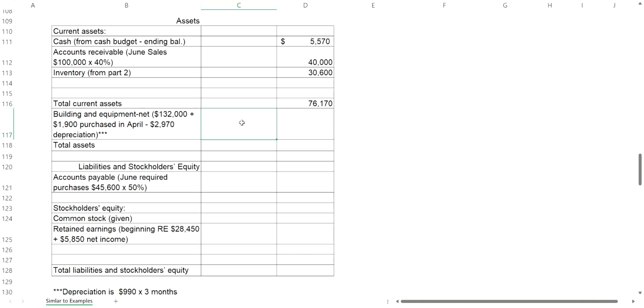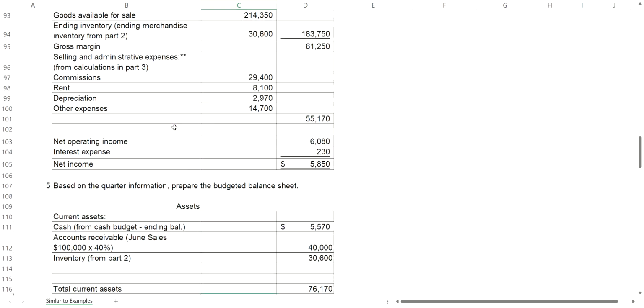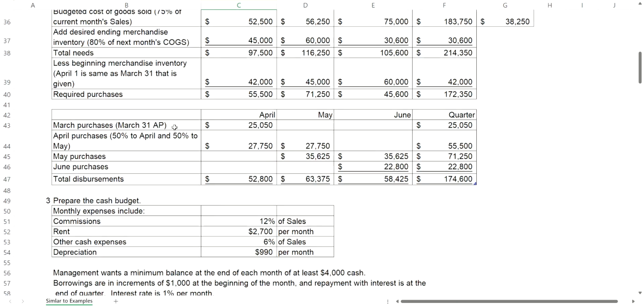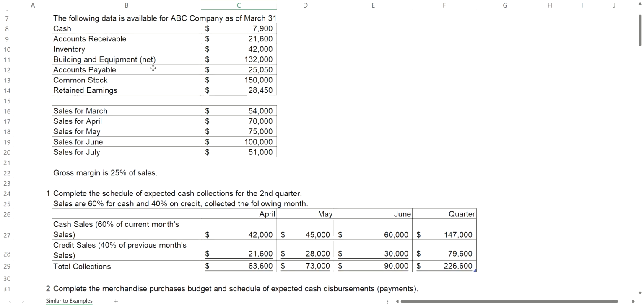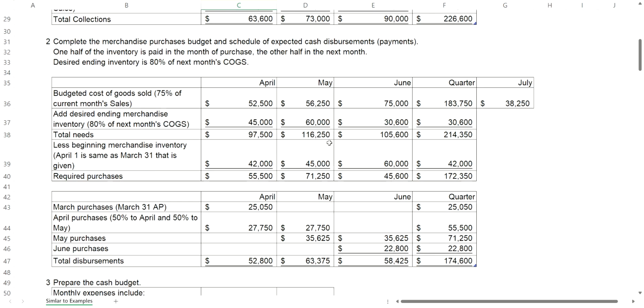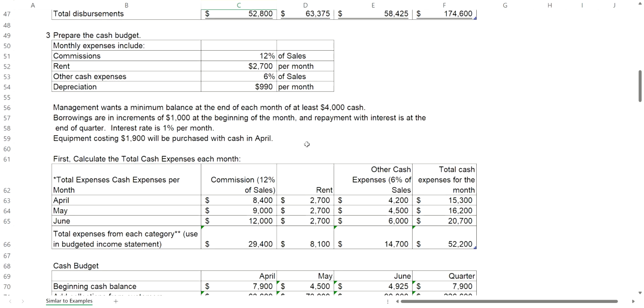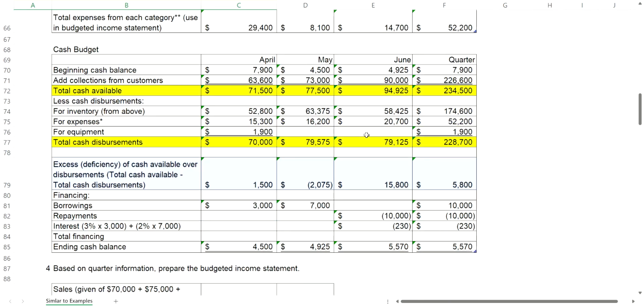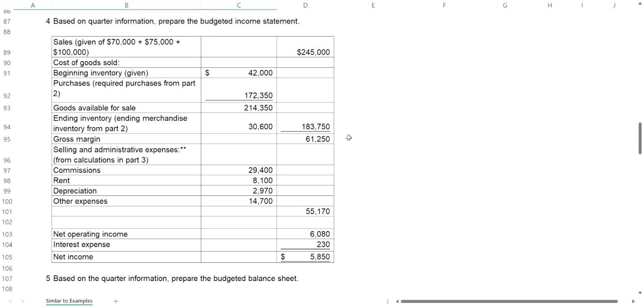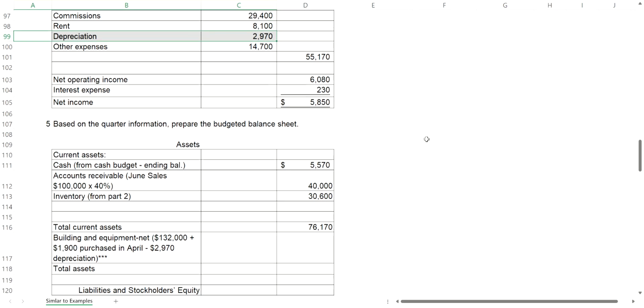For long-term assets, we had equipment. To get the net amount, that means after depreciation is taken out, is a little tricky. So if we go back to the beginning of the problem, we were given that the equipment balance net was $132,000. Remember when we did the cash budget, we purchased $1,900 more of equipment. So we would add that in to the $132,000. But remember when we did the budgeted income statement, we have this year $2,970 in depreciation expense that needs to be taken out.